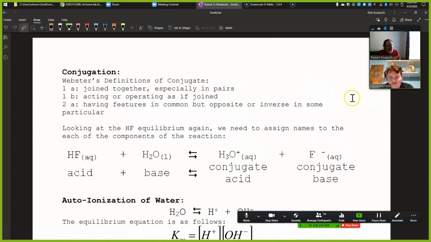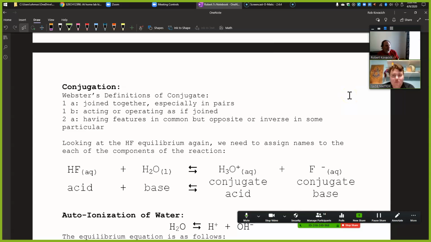You're right. Let's talk about conjugation. If you look up conjugation in the dictionary, it says two things that are joined together, especially in pairs, or having or operating as if joined. But it also has another meaning: having features in common but opposite or inverse in some particular way.